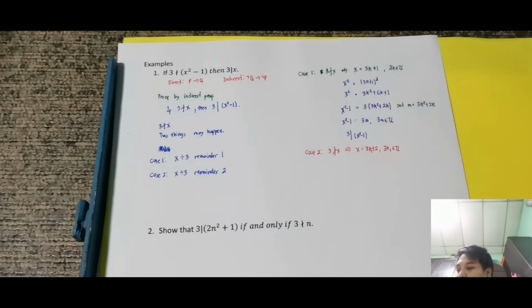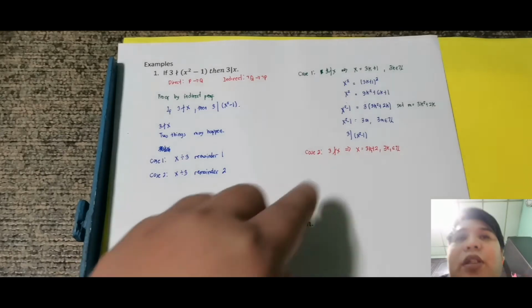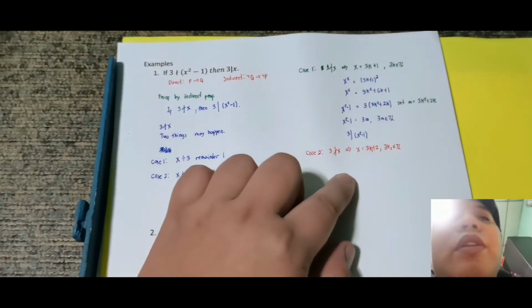I-square ko yan. Sobra pala siya. So what if ang gawin ko ay kunin natin yung x squared minus 1. Check natin kung anong lalabas sa x squared minus 1. Or start tayo sa x squared.